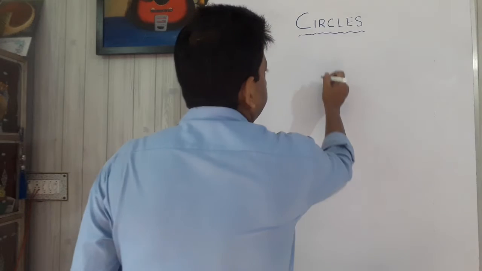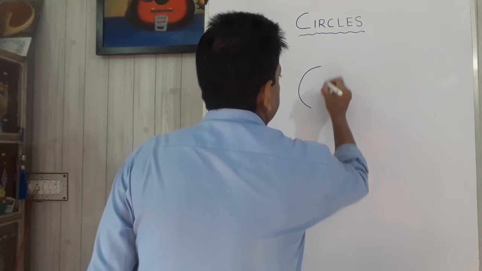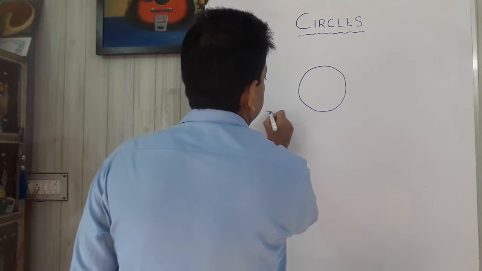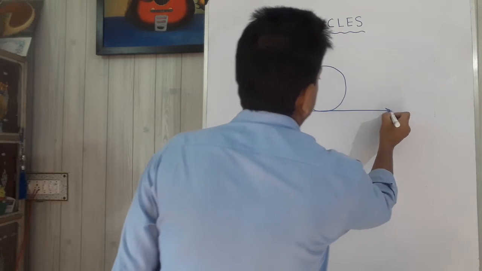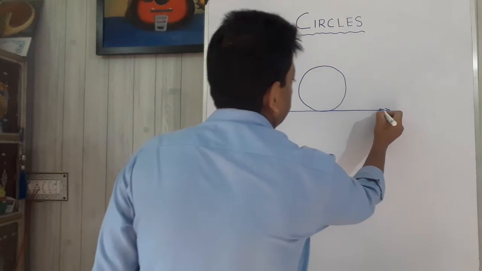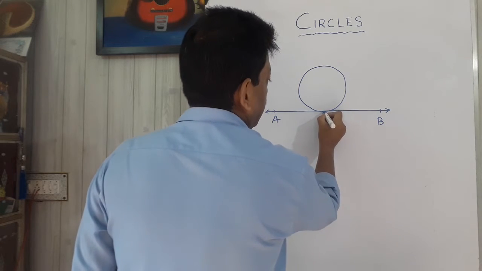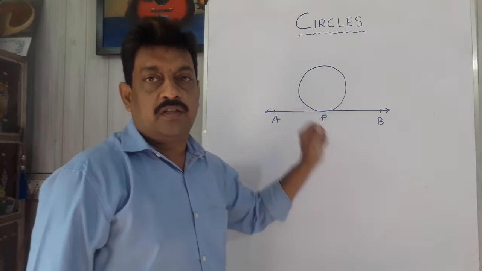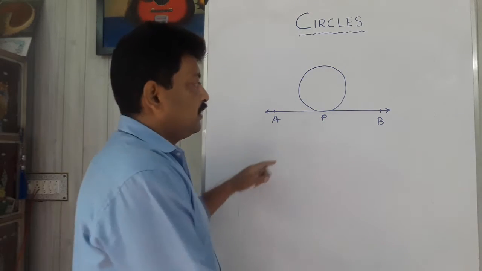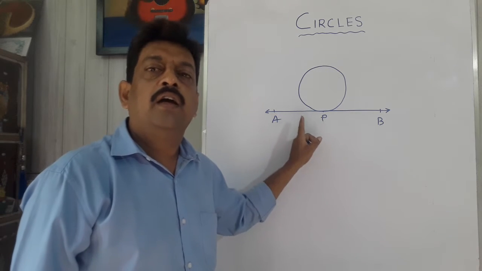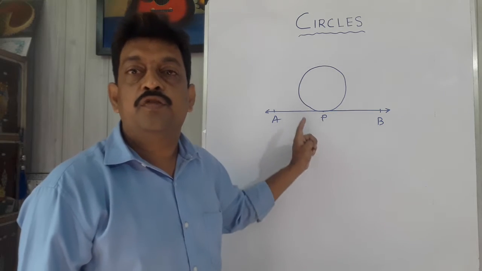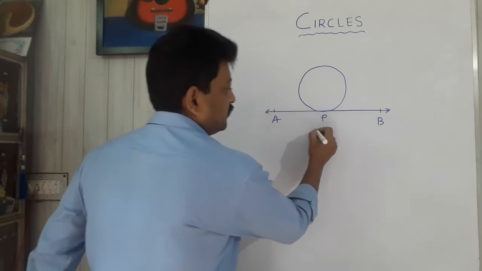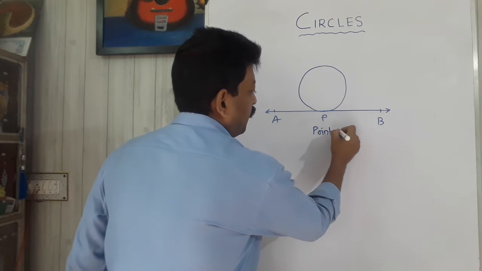Now the next property. Here there is a circle and suppose AB is a tangent to the circle and P is the point where the tangent is touching the circle. This point P is common to both the tangent and the circle. This point P is known as the point of contact.